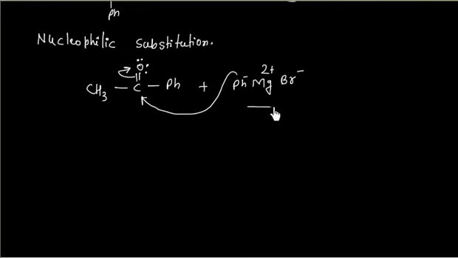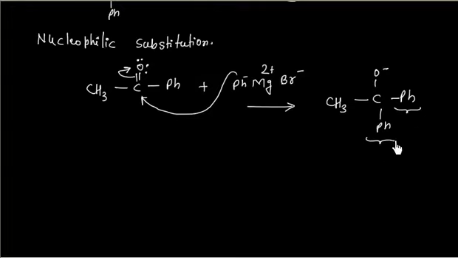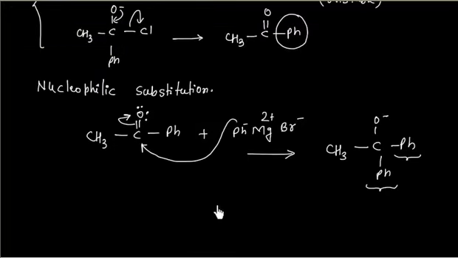Then finally we will have CH3 C O minus Ph. So we have added 2 moles of Grignard reagent. This is coming from Grignard reagent, this is also coming from Grignard reagent. So we'll have a salt, O minus Mg2 plus Br minus.